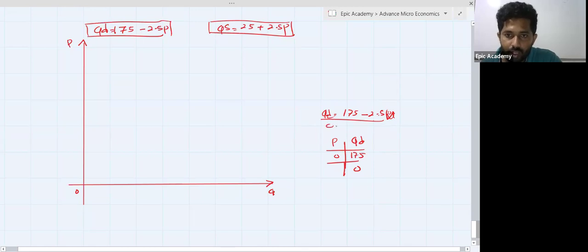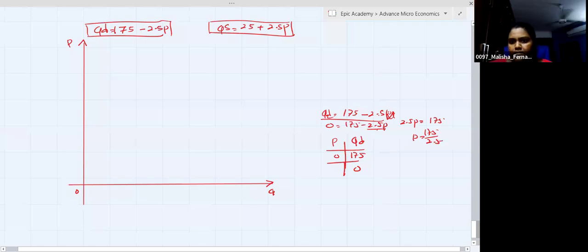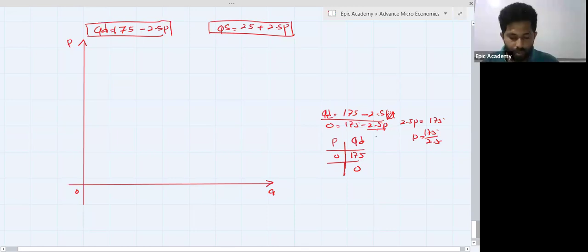That means 0 = 175 - 2.5P. So just change the direction, that means 2.5P = 175. That means P = 175 divided by 2.5. How much? 70. 175 divided by 2.5 is 70.